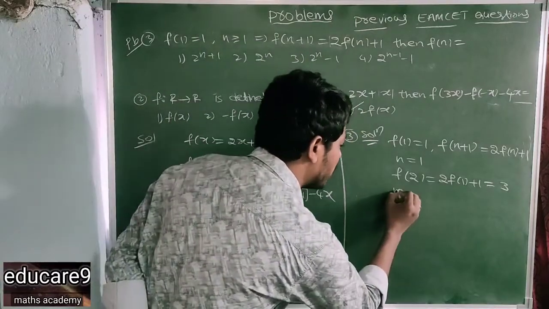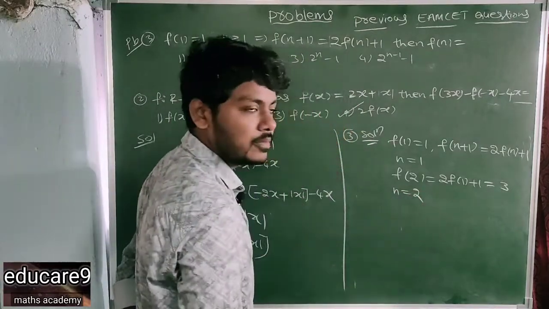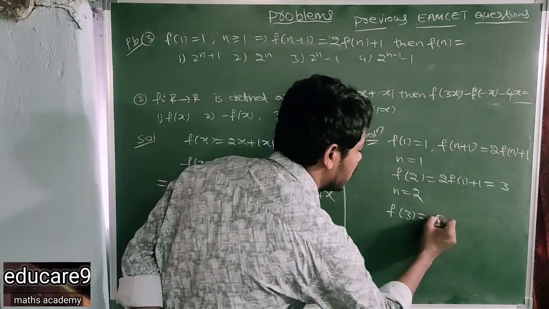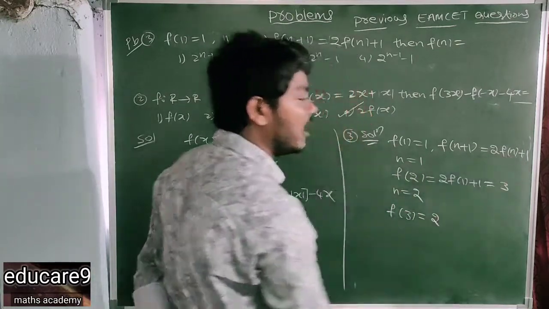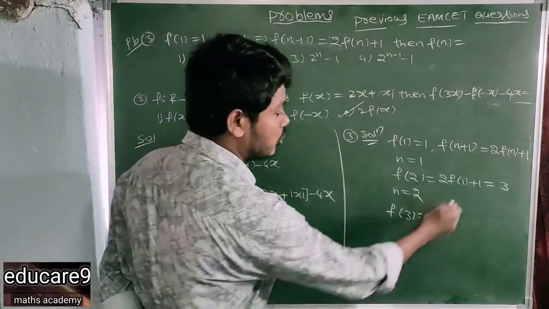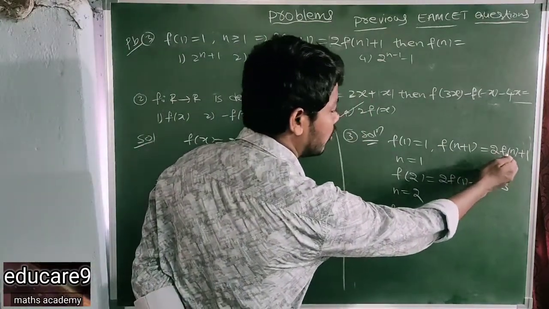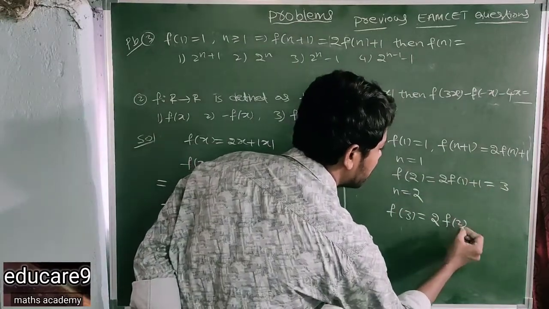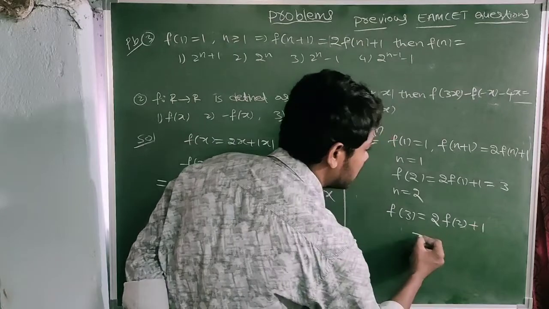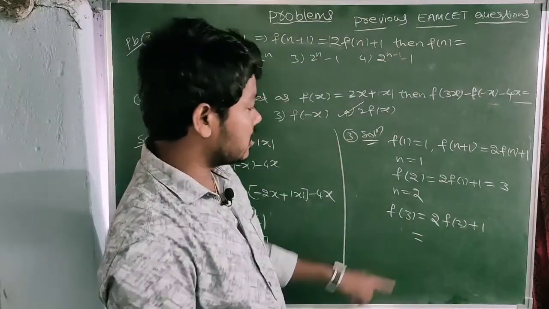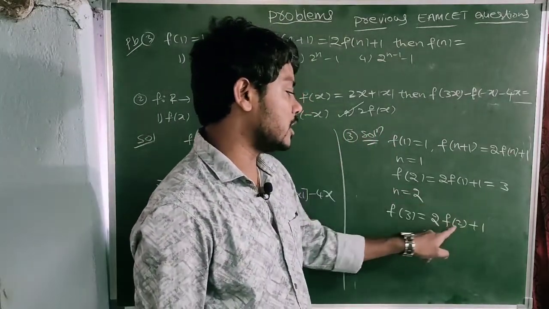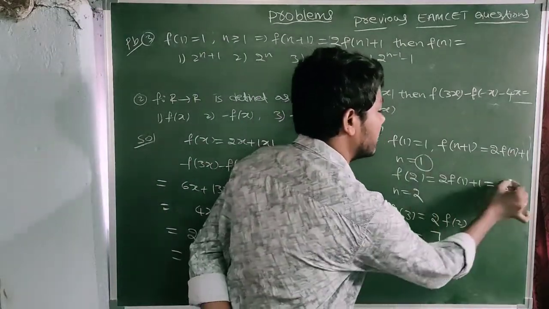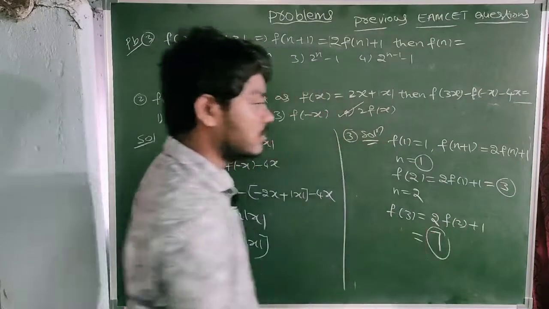So for example, put n is equal to 2. Here, what you get? f of 3 is equal to 2 times f of 2 plus 1. So what is the f of 2 value? 3. So 6 plus 1, 7. So you get 1, 3, 7.